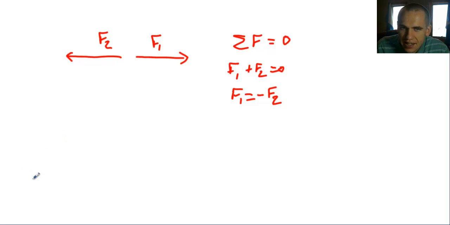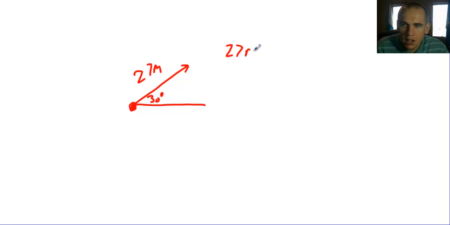Does that still work in the two-dimensional case? Well, sure it does. We just have to pay attention to what's going on, right? If I have a vector that's here, and let's say this is 27 meters, and the angle it's at is 30 degrees, what's the opposite of 27 at 30 degrees?